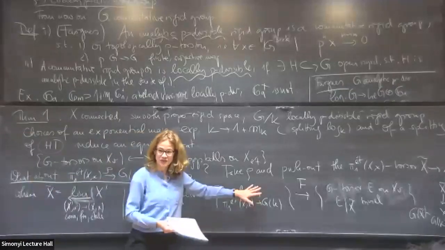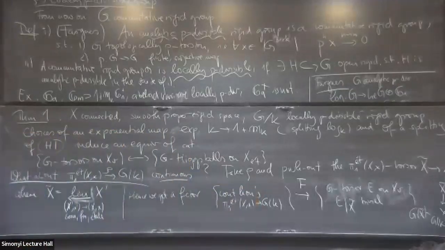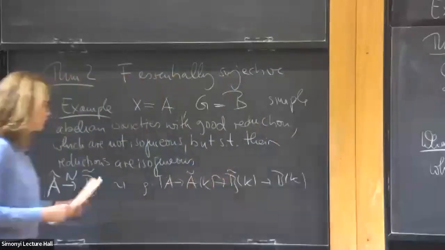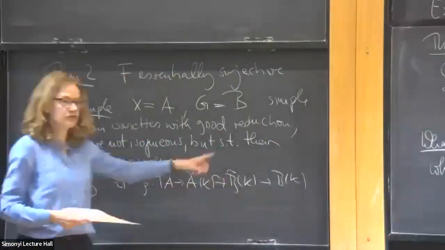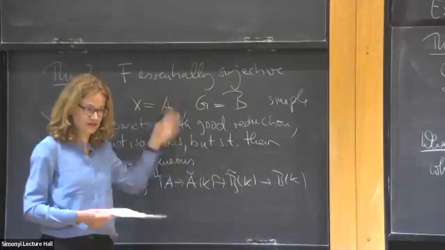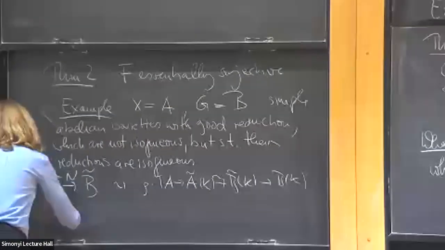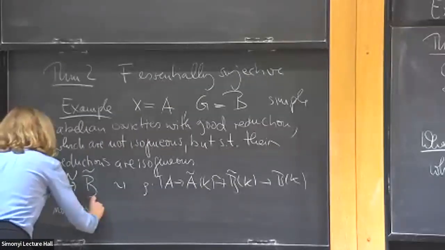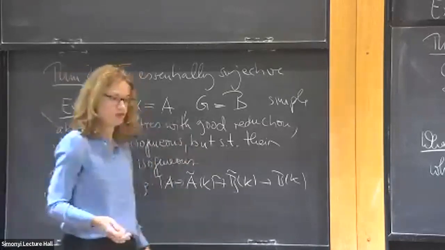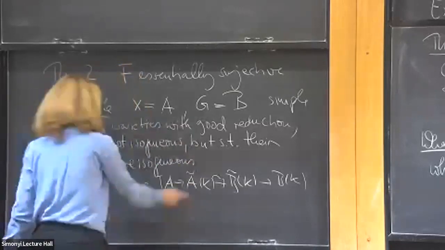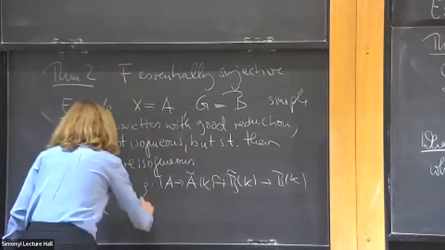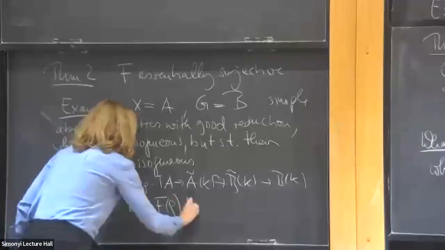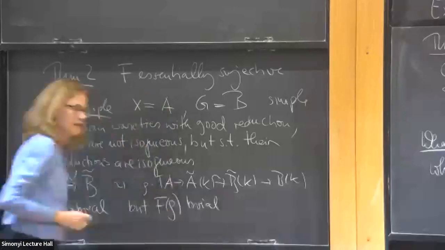But the problem is, if you push out, this is a non-trivial homomorphism because you don't have anything from TA to TB because they are non-isogenous. This is non-trivial, but if you do this push-out construction, the push-out will of course be trivial because it goes over the cover, but f of rho is trivial. So this can happen.